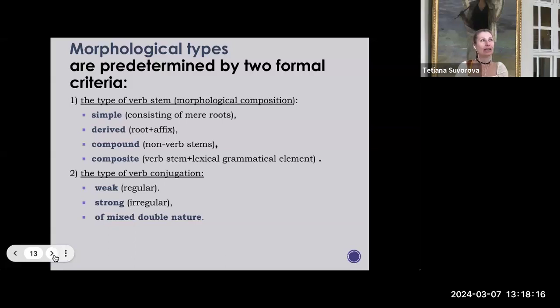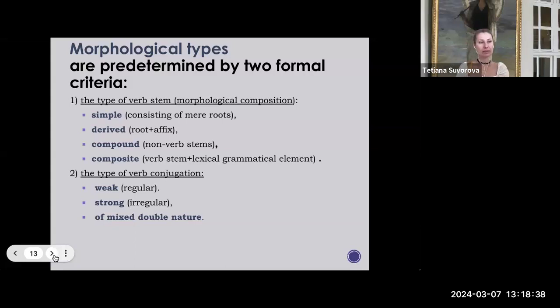What do we have there that is compound? Okay, so nothing comes to my mind. There are some examples. During the lecture we'll find some proper examples to illustrate.